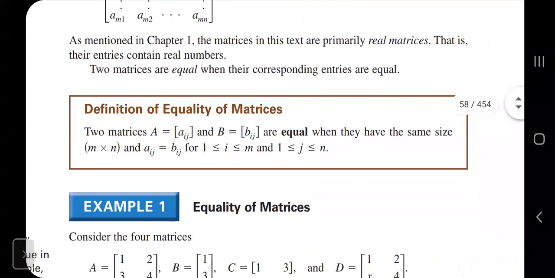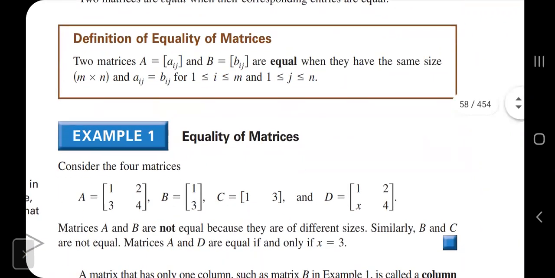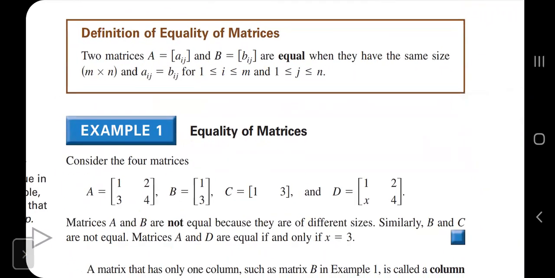When are two matrices equal? Two matrices are equal only if they're the exact same size and they have the exact same entries in the exact same positions. For example, in example number 1, matrix B and matrix C look kind of equal because they're both 1, 3, but they're not, because one is vertical and one is horizontal.